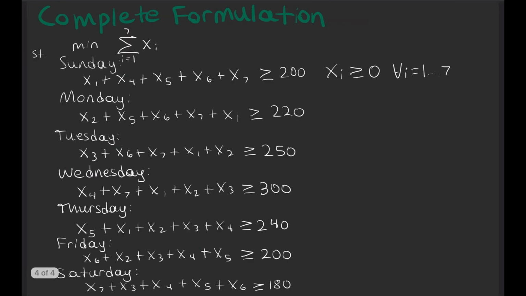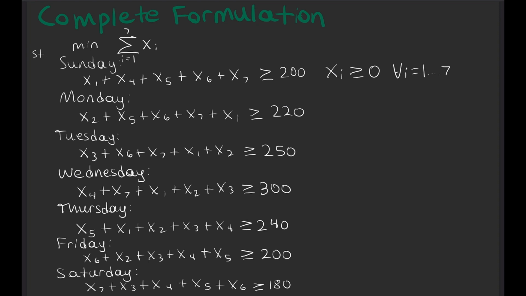So our complete formulation, if you combine our objective function and our constraints together, you get this. Once you have our complete formulation, all you have to do is put it into an Excel solver, and there are multiple YouTube videos that show you how to put linear programs into Excel so that it can give you a solution.